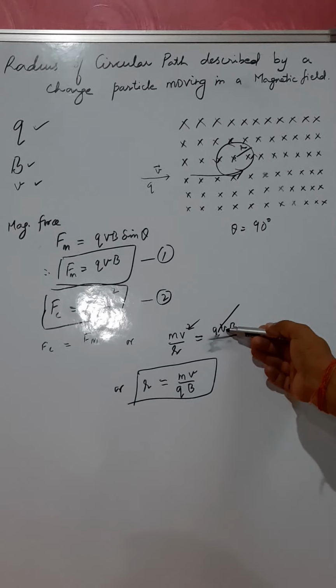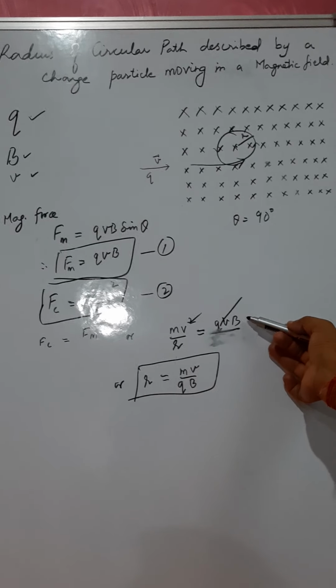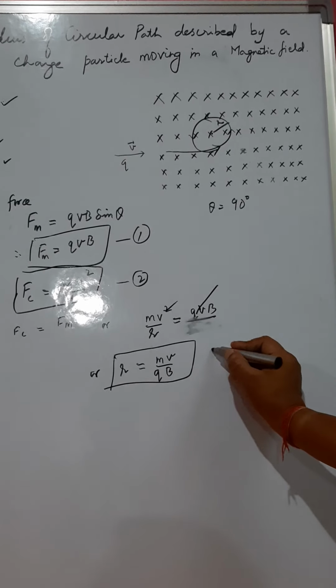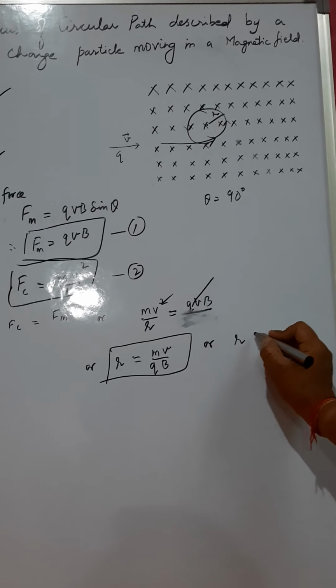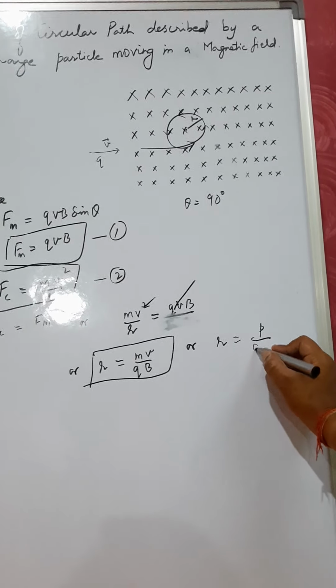So this v cancels one v here and r will be taken here, so QB will be here. Or we can write r is equal to the momentum of the charged particle, p by QB.